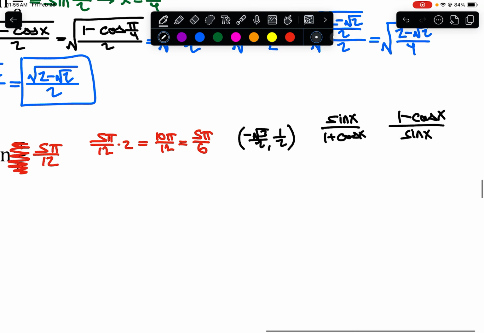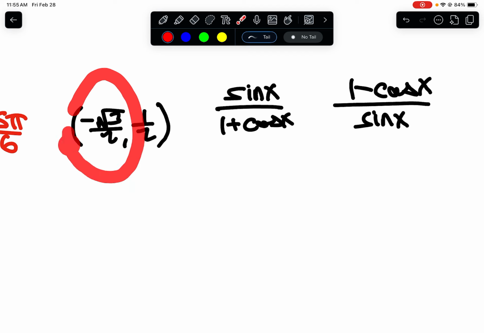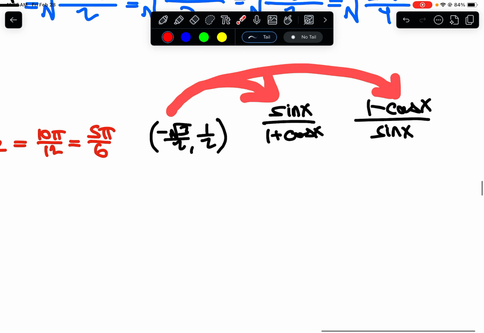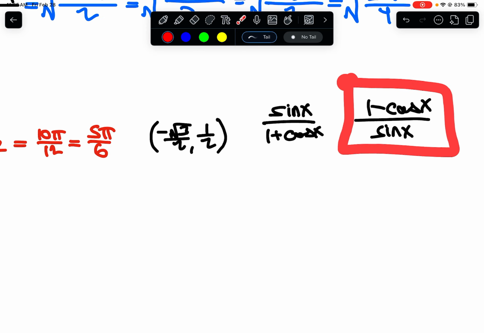So the reason I do this is because notice how over here your x value, which means your cosine value, is going to have a radical. So I want to avoid putting the radical in the denominator so I don't have to rationalize. Which means I want to do the identity where my cosine is going to be in the numerator. So that tells me that doing 1 minus cosine x over sine x would be ideal.